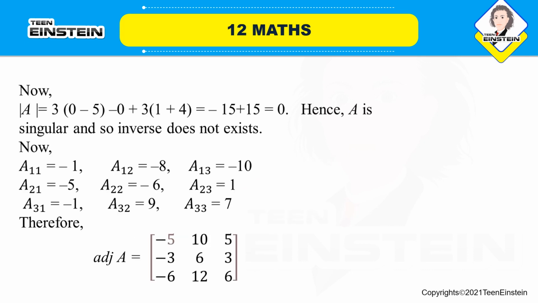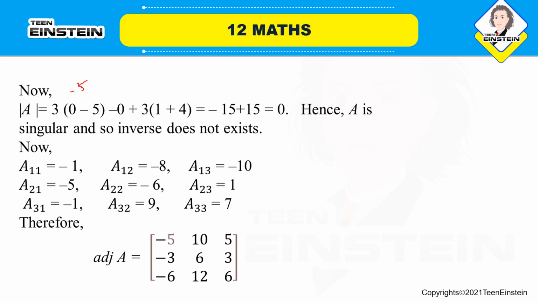Now calculate the value of determinant A. Expand along the first row. 3 into 0 minus 5 minus 0 plus 3 into 1 plus 4 gives minus 15 plus 15. This is actually minus 5, so 3 into minus 5 is minus 15.